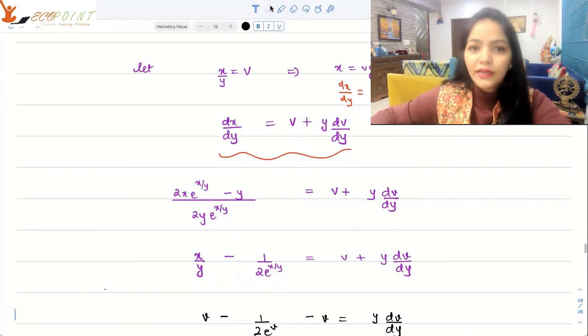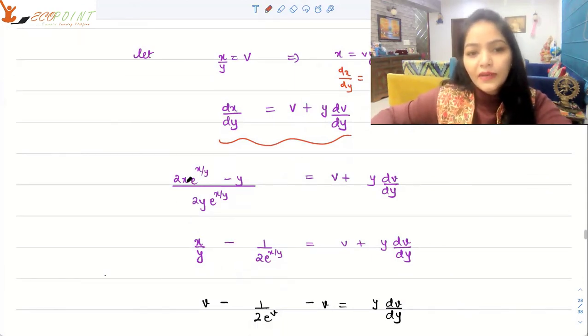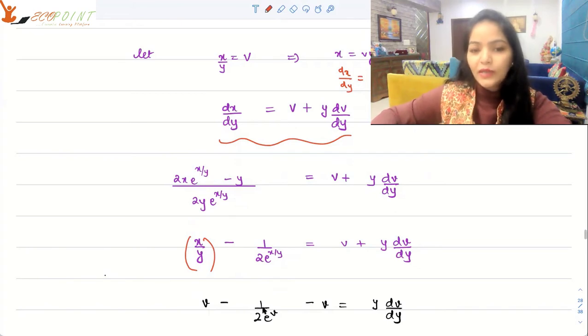so let's just divide this. When this gets divided, you will just have x by y term left, minus y cancels, 1 upon 2 e to the power x by y. Now that means you have v minus, x by y is v, so v minus 1 upon 2 e to the power v minus v. So v cancels, and what are we left with?